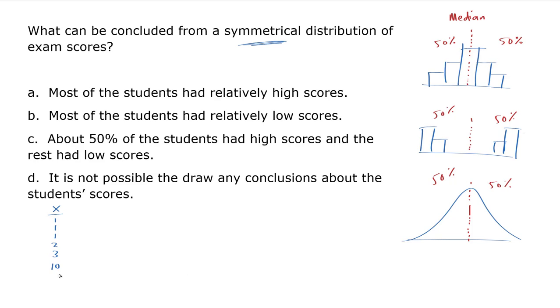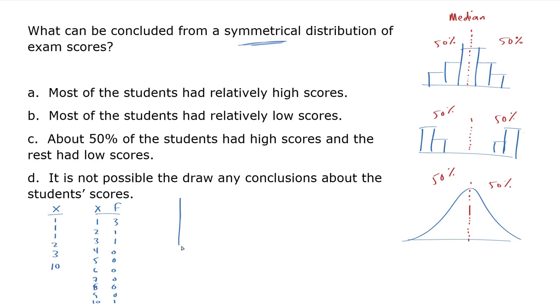They got perfect. Now, if I was to turn this into a frequency distribution, I'd have 1, 2, 3, 4, 5, 6, 7, 8, 9, 10. I'm going to have 3 1s, 1, 2, 1, 3, and then none of these, and 1 10.